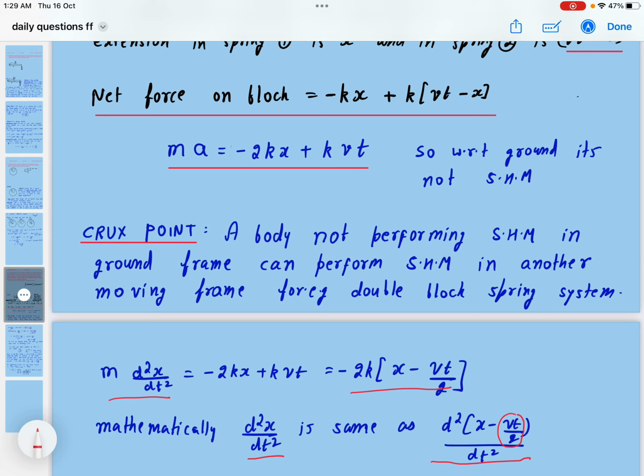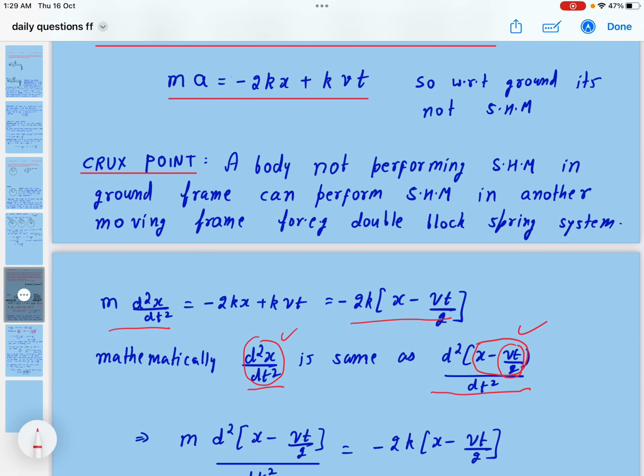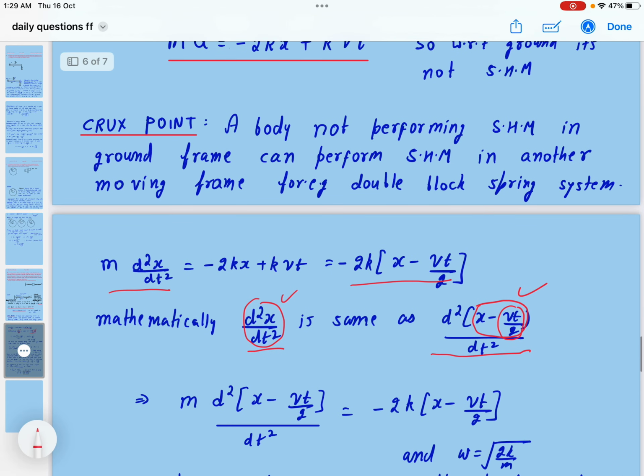If you take the derivative of this function two times, it is the same as the derivative of x two times. So I can replace d square x by dt square with the double derivative of (x minus vt by 2). By rearranging in this manner, this equation is looking very good.